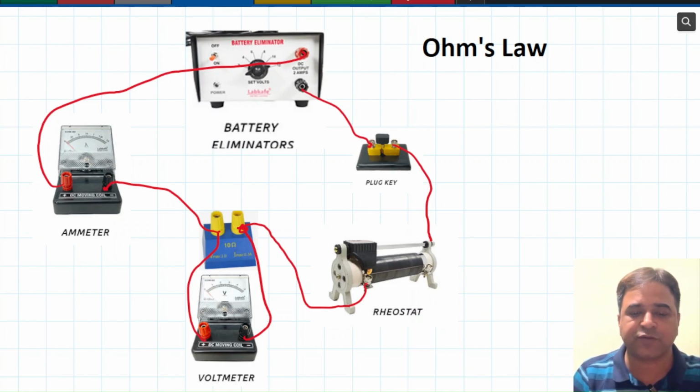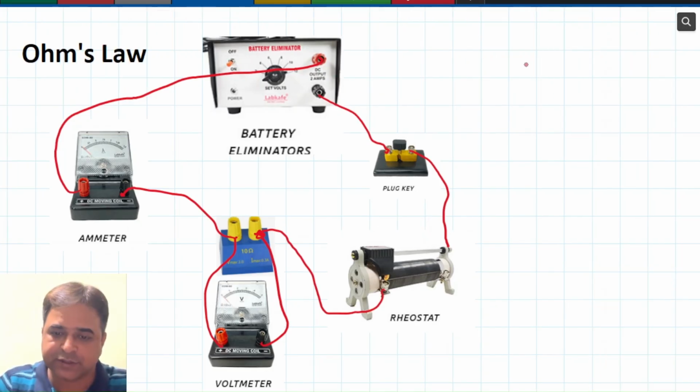Now, if you do the diagrammatic representation for this Ohm's law, you can design the circuit based on the symbol given to each instrument. First, this is battery, so we can take this symbol for battery. Now, this is for key.